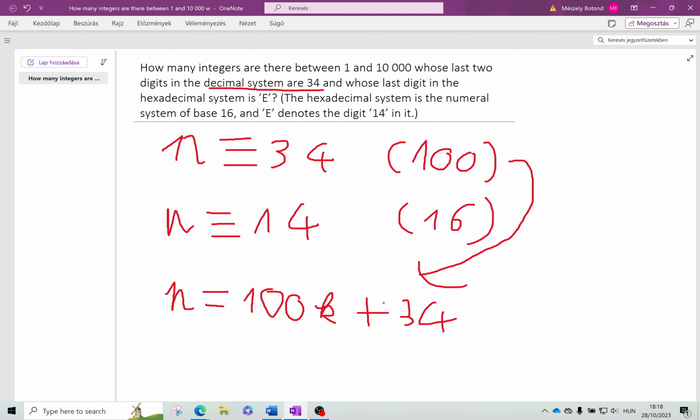This is always true. For example, if k is 0, then n equals 34, and 34 is congruent to 34. If k is 1, 100 times 1 is 100, plus 34 is 134, and 134 is congruent to 34 modulo 100, because if you divide it by 100 you get 1 and the remainder is 34.